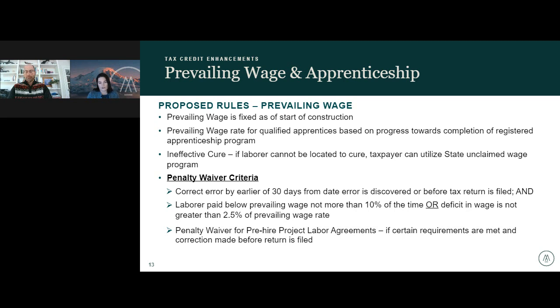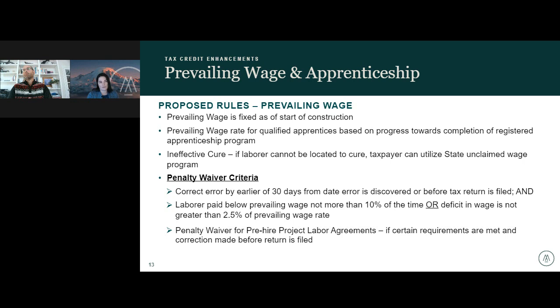So again, when you're looking at your contract agreements, I think checking the applicable prevailing wage rates when you're setting those budgets will be important, but you're also going to need to check those applicable prevailing wage rates as of the start of construction, which is a technically determined date.